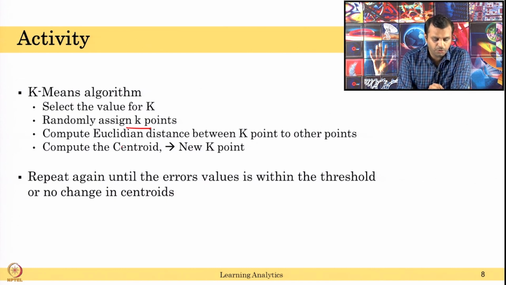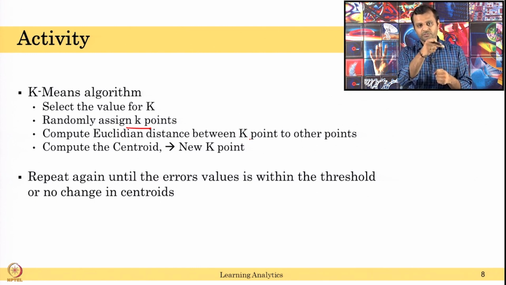After that, compute the Euclidean distance between the K points and the other data points, compute all, then create a cluster which is near to the centroid. All the points which are near to the centers form a cluster. After you create a cluster, compute the centroid, the center value, that is the mean value of all the data points in the cluster, and that will be the new K point.